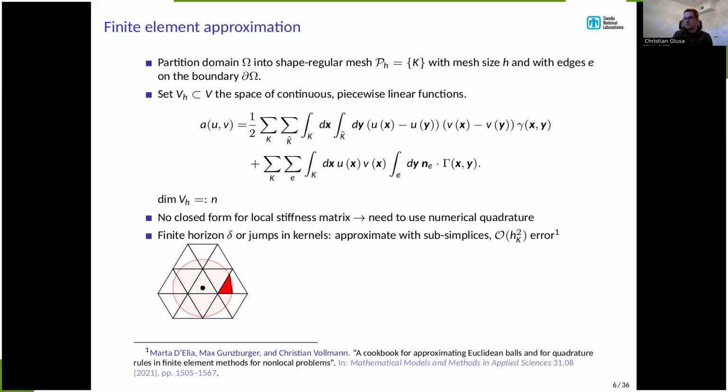Even in the first sum, if gamma is outright zero between two elements k and k tilde, then we don't need to include this in the sum. In the case where the horizon is infinite, you have to take every element combination into account. But if the horizon is smaller than that, then you don't have to. Yeah, that's correct.